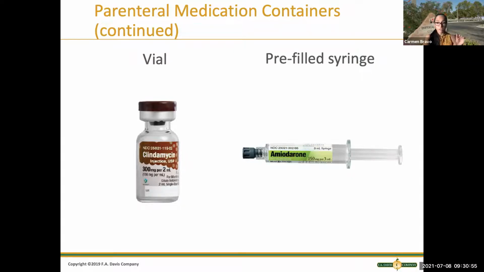So we give a lot of sub-Qs, and normally those come in a pre-filled syringe. In some cases they come in a vial. With a pre-filled syringe you still have to be careful, because they might order half of it. So you have to discard half: if they order 75, you have to discard 1.5 from the pre-filled syringe.